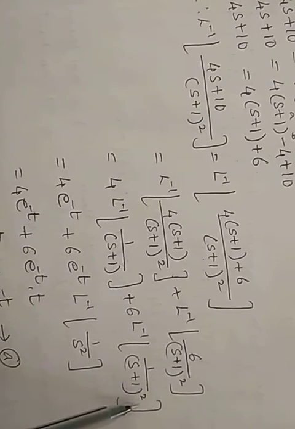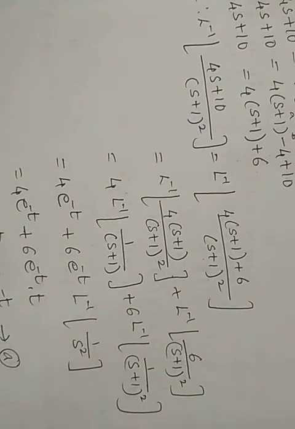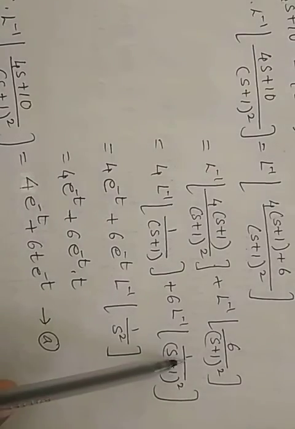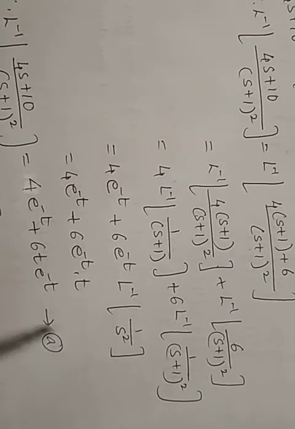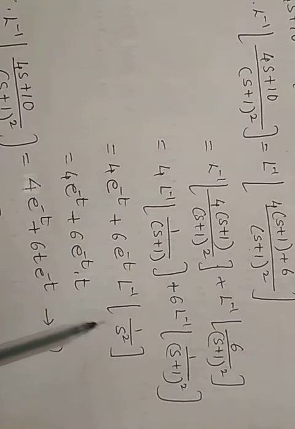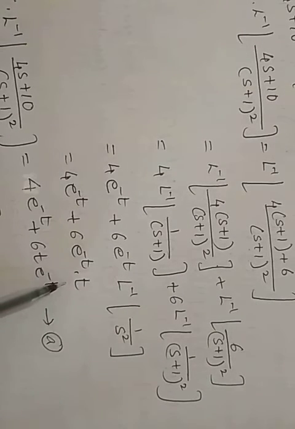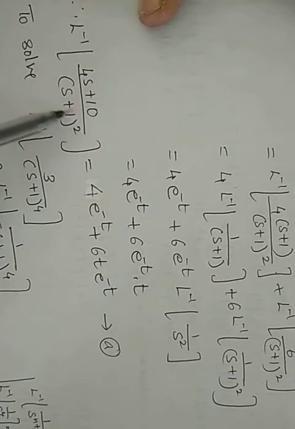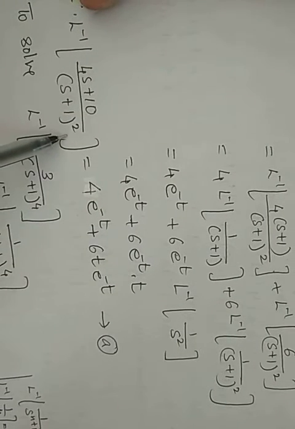Since the bracket squared has come, we adopt the first shifting property. So this becomes e raised to minus t into L inverse of 1 upon s square, whose L inverse is t, as I have repeatedly told. So this is the evaluation of L inverse of (4s plus 10) upon (s plus 1) the whole square.